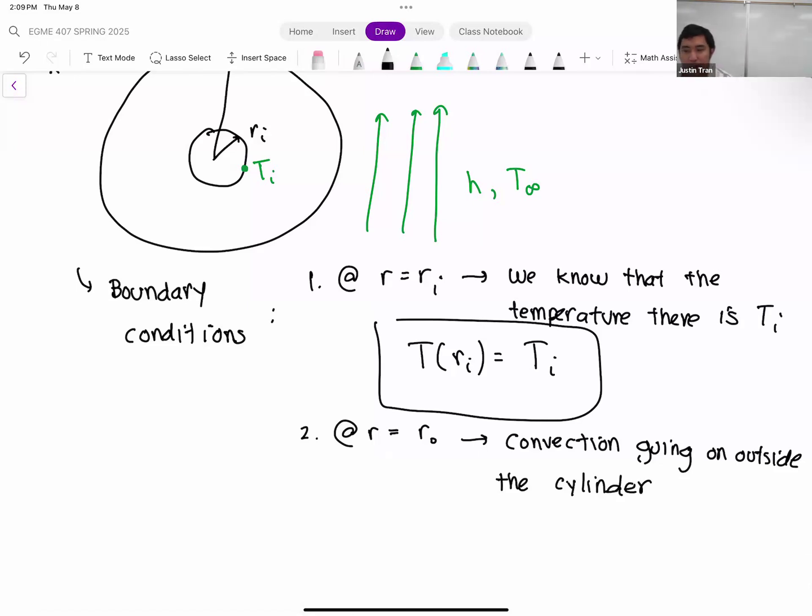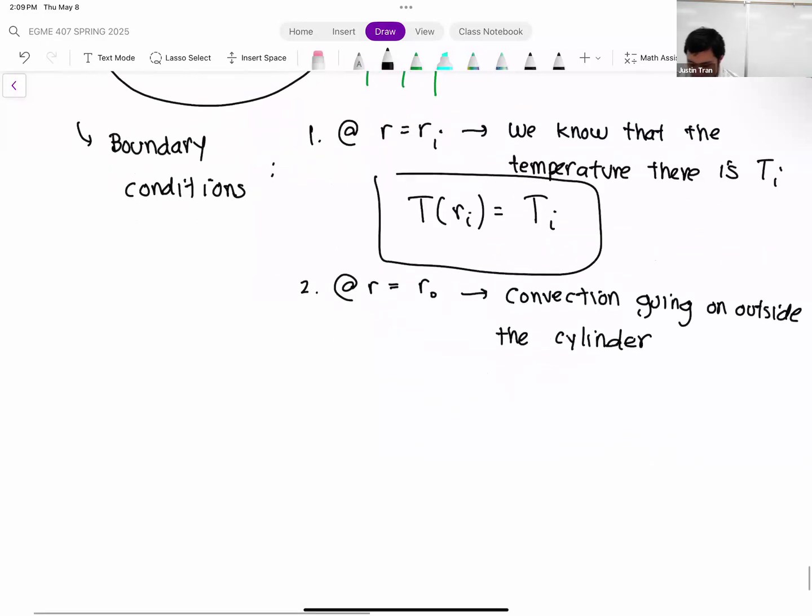And so that means the type of boundary condition that we're going to apply at the outer radius is going to be a convection boundary condition. Okay, so in that case, we have minus k times the surface area, where surface area we know for this case is 2 pi times Ro times the length.